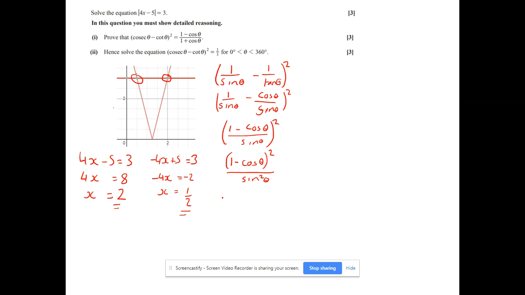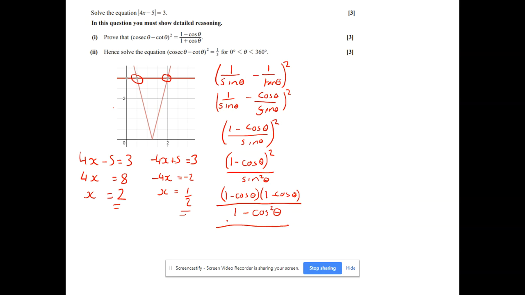So let me just write the top one, because I know that one of these is going to have to disappear. 1 minus cos theta. Now sine squared is 1 minus cos squared theta. So now I've got to think about this bottom line, how can I get it to be 1 minus cos? Well, this is actually a difference of two squares.